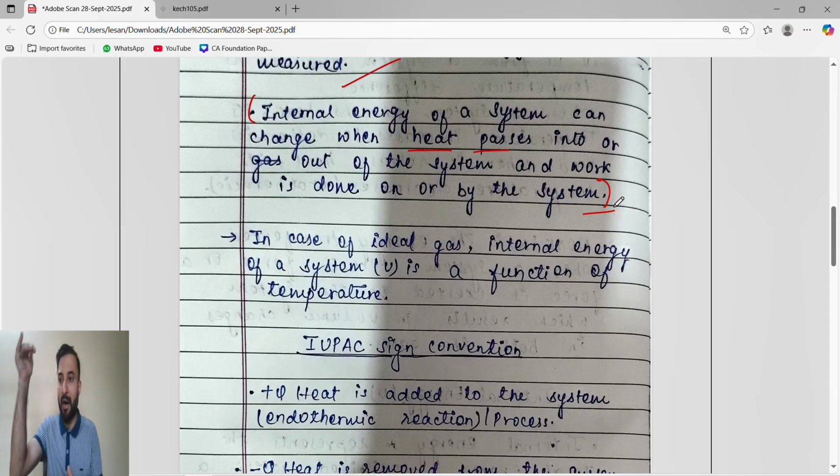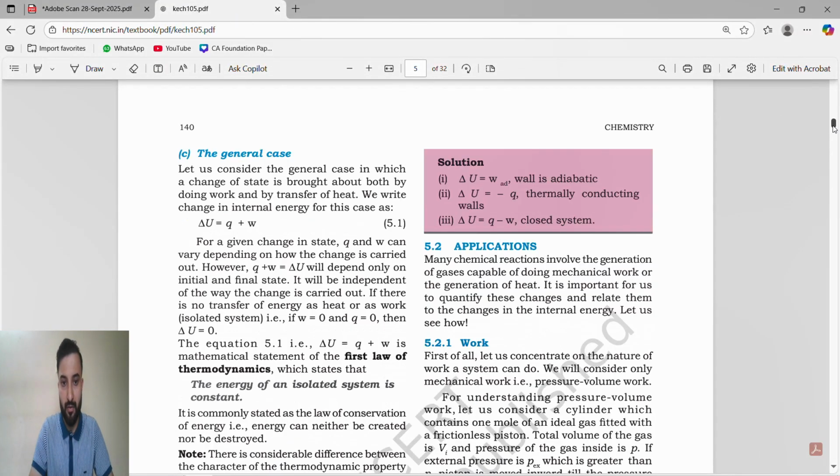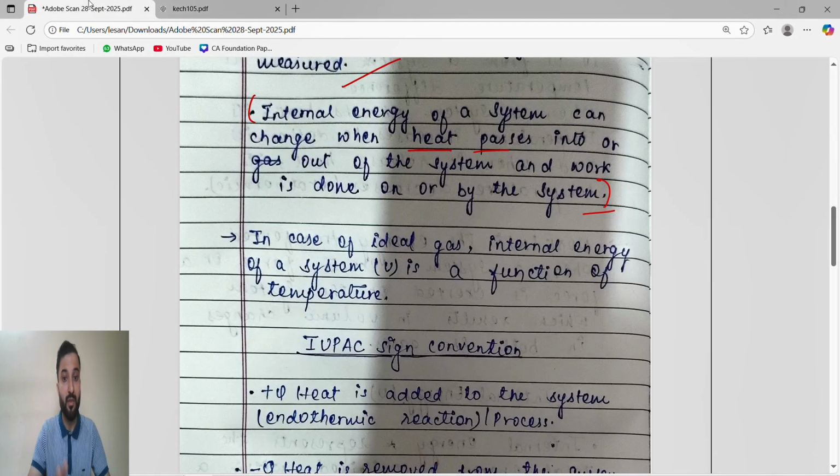Understand this very important thing, guys. This is related to the problems also. We will solve the NCERT questions too.